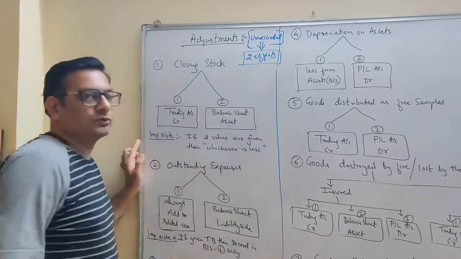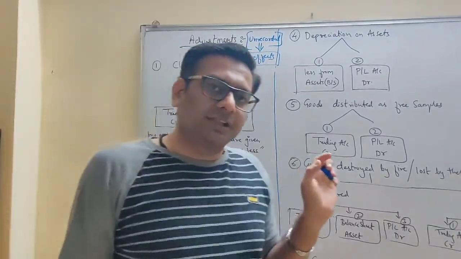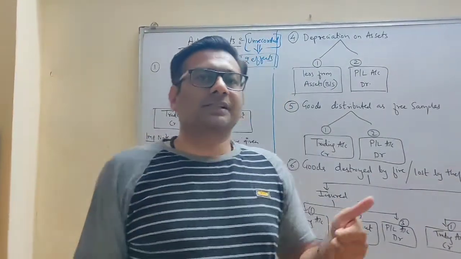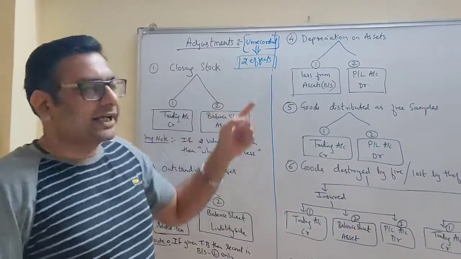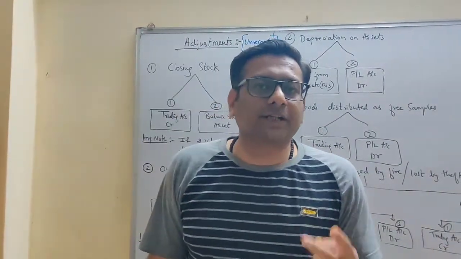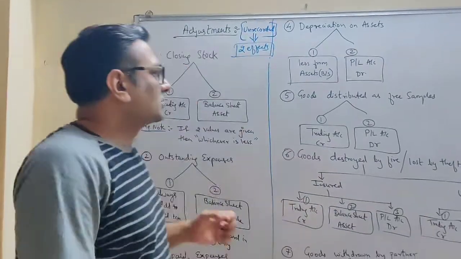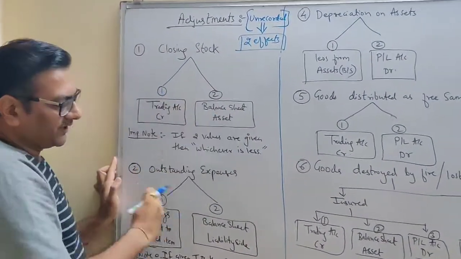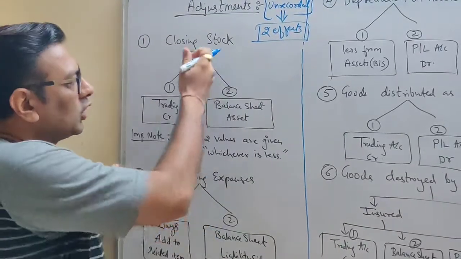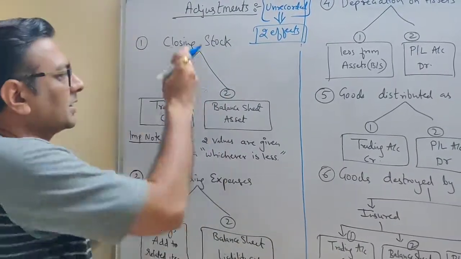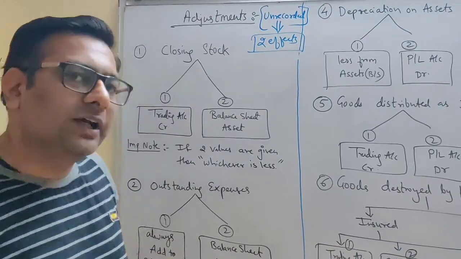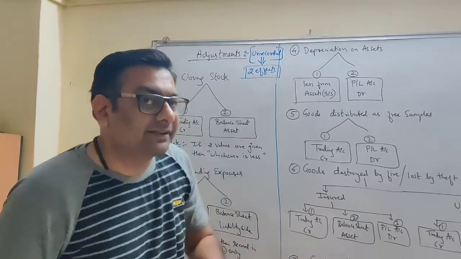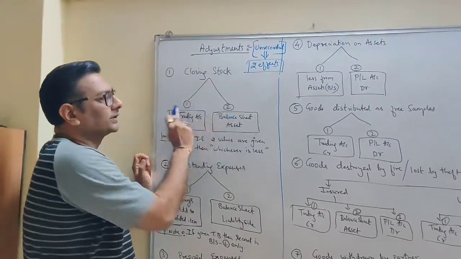Am I clear with this, students? So adjustments are unrecorded and therefore you are going to write it two times in your answer. So see, students, I have already written the adjustment with the two effects. I want you to copy as it is, because writing this way will also help you to remember in your mind that we have to write two times.